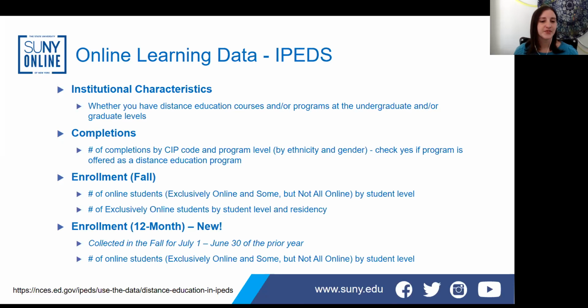So enrollment is really the type of data that we see compared on a national level, and fall enrollment is typically what has been collected, and it asks for the number of online students who are exclusively online, 100%, right?